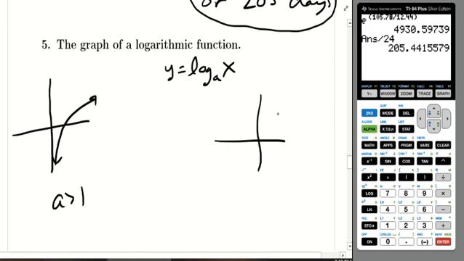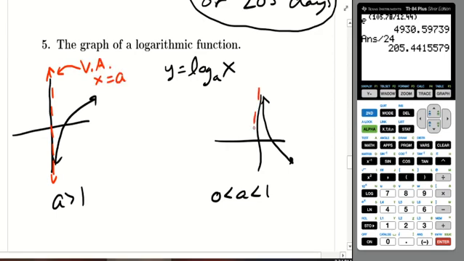So the graph of a logarithm is the same as the graph of its corresponding exponential, except you switch all the ordered pairs. So all the x's become y's and all the y's become x's. And so that means although the graph of an exponential has a horizontal asymptote, y equals 0, the graph of a logarithm has a vertical asymptote, x equals 0. No matter what, in either case.